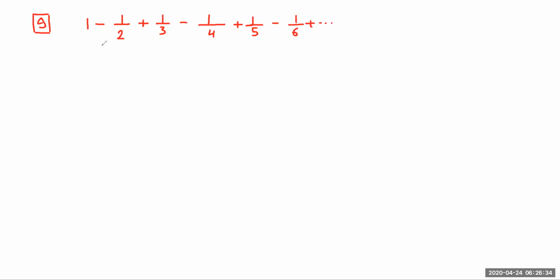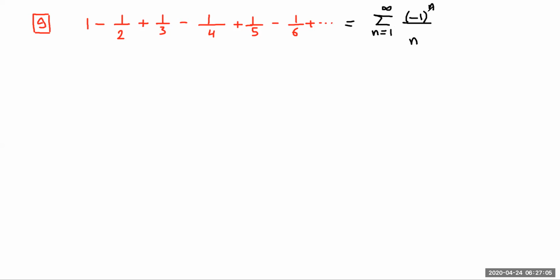Next, exercise number 9. So 1 minus 1 over 2 plus 1 over 3 minus 1 over 4, etc. So this is sigma minus 1 power n over n power p, where p is 1 here, from n equal 1 to infinity.